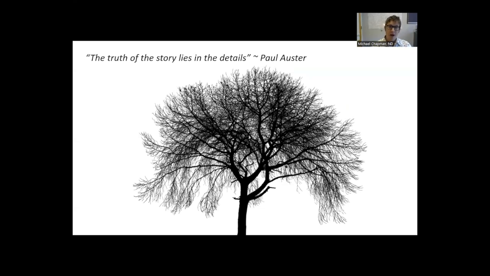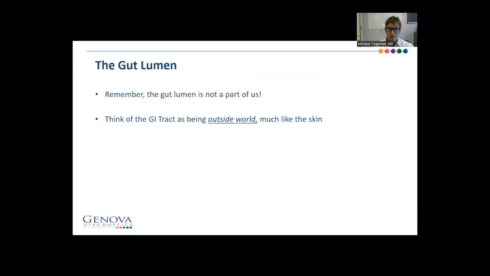So I'd like to point out one thing too that I find so interesting, is that the actual lumen of the gut, meaning the inner part of the GI tract, that hollow tube, is not part of us, right? Even though it's inside our body, it is technically the outside world, much like our skin, right?